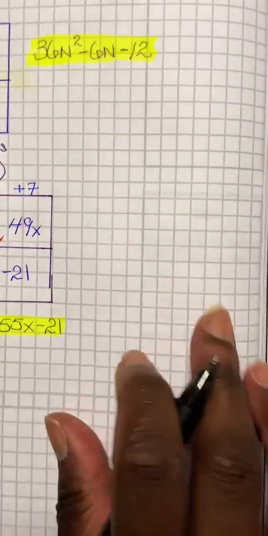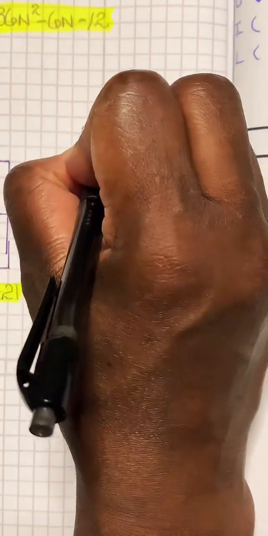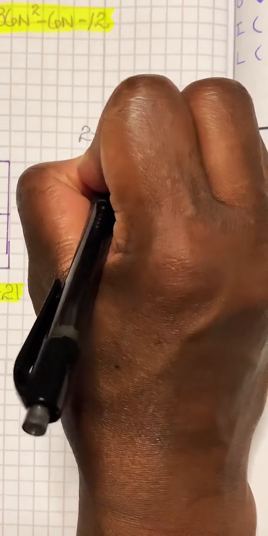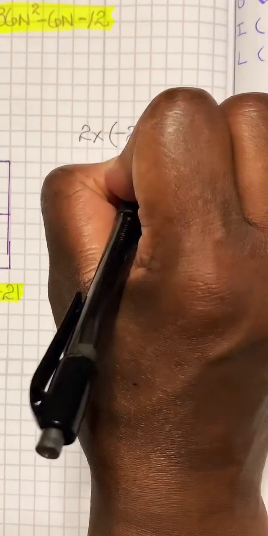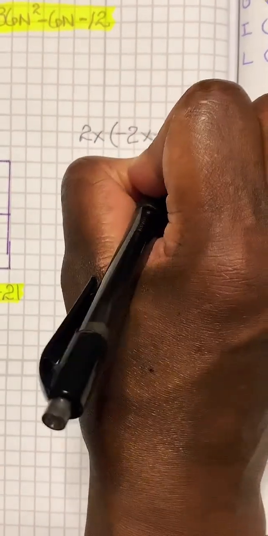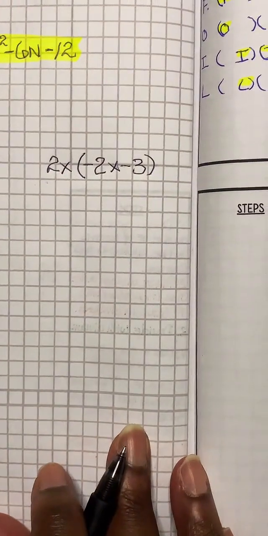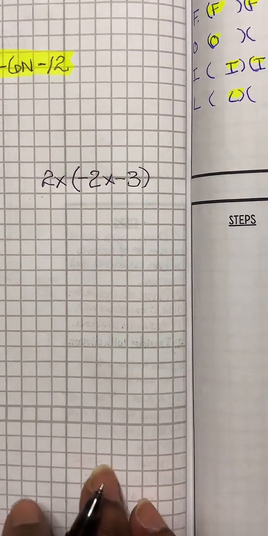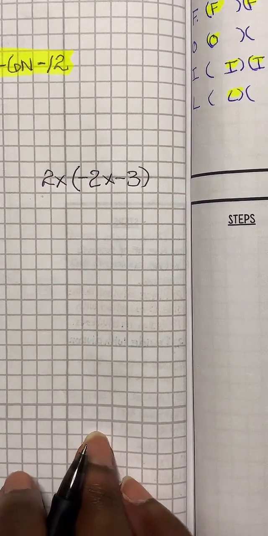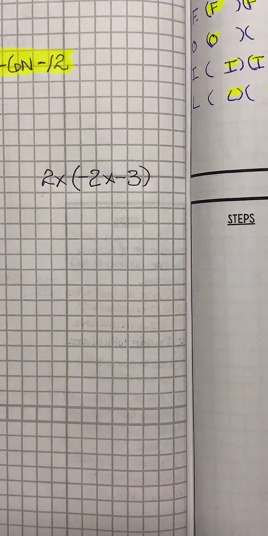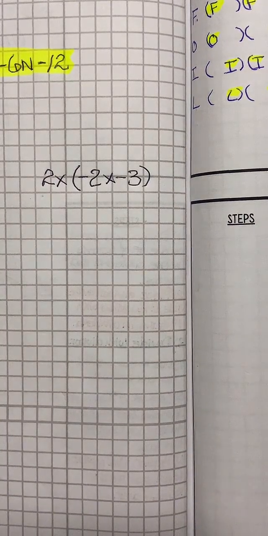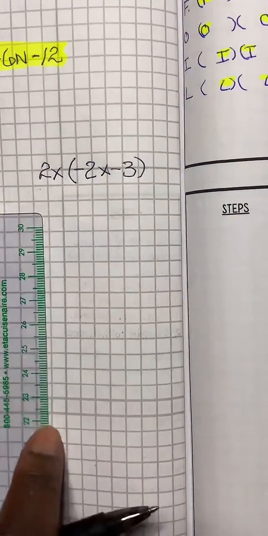So, like, if I said, and I'm going to squeeze it right in here, if I said we had 2x times negative 2x minus 3. Yes, we could just simply distribute that. Yes, that would be easy for us to do. But if you ever get one of those teachers, they're like, I want you to do a box method. And you're like, what? Why?